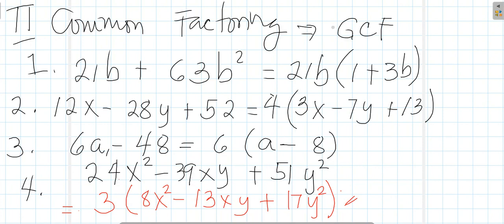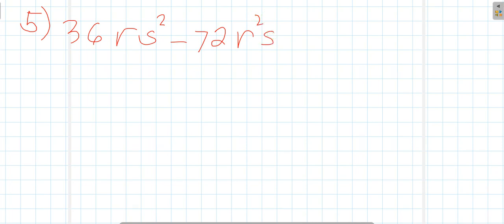Okay? Next, another example, number 5. Okay, next example. So, this one: 36rs squared minus 72r squared s plus 60rs.